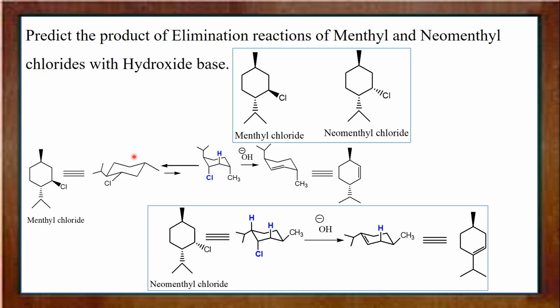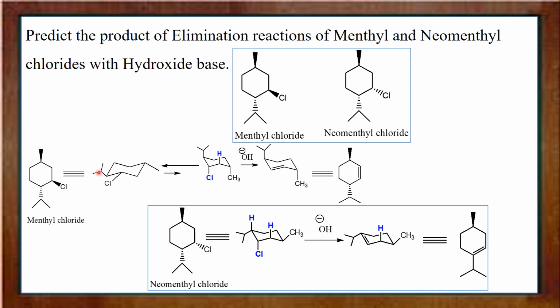Here I have given the chair form of this molecule. So this chlorine and methyl group in 1,3 positions are in the same direction, downward. Methyl is downward, chlorine is downward. With respect to chlorine, the isopropyl is trans.